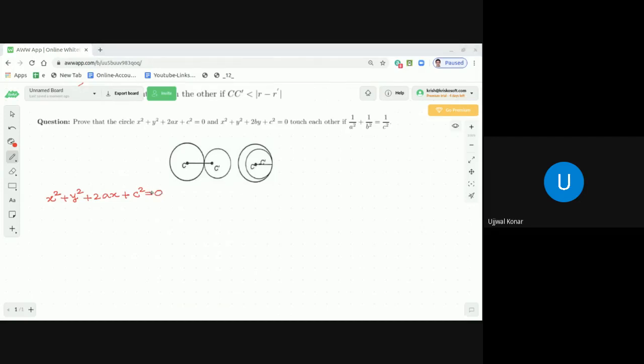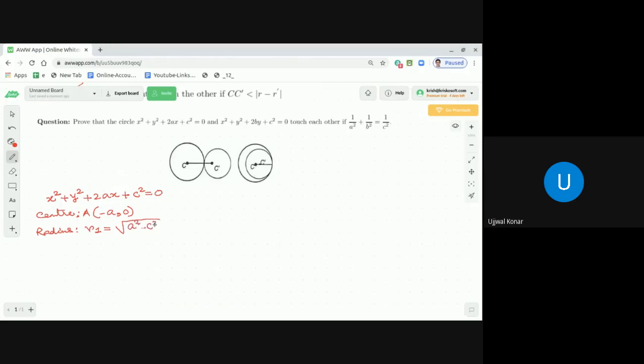Now if we assume the radius of this circle as r1 and the center is at the point A, then what will be the coordinate of the center? Minus a comma 0. Correct? And what will be the radius? If we assume it as r1, that is equal to square root of a square minus c square.